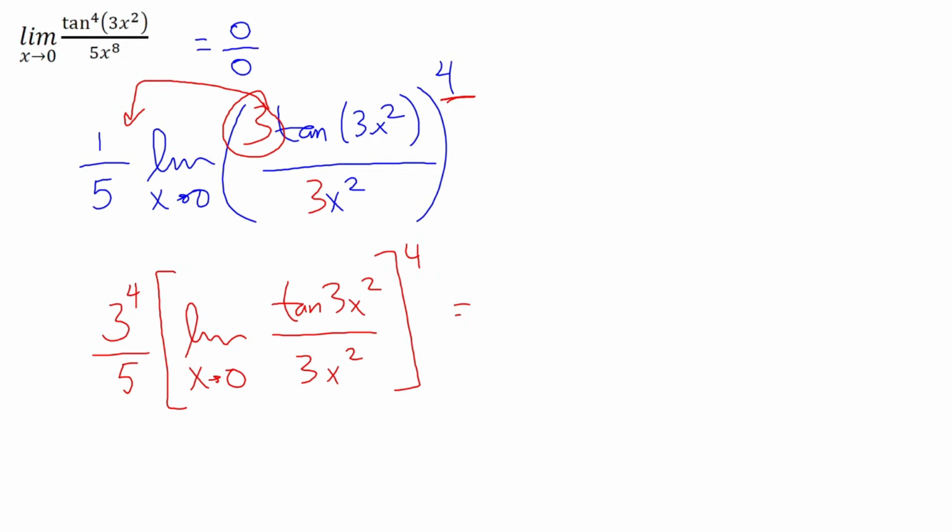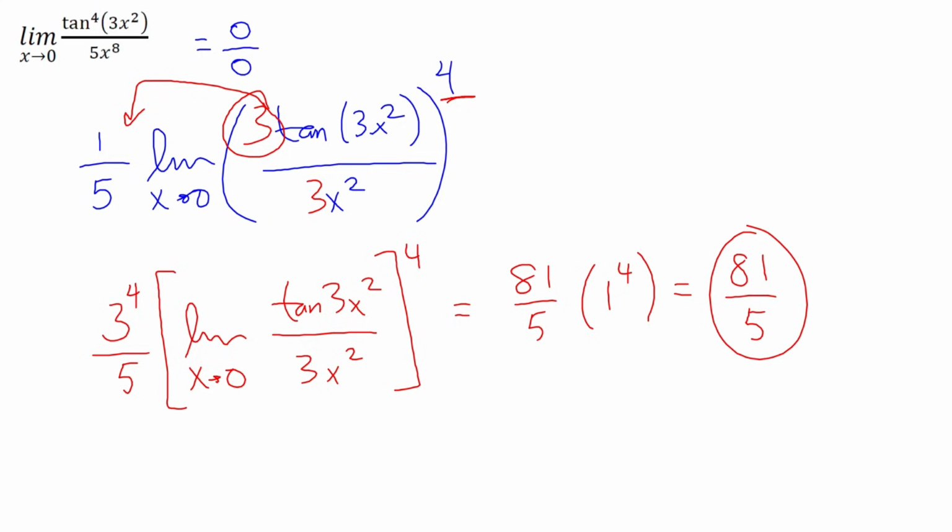And because we proved that the limit as x approaches 0 of tangent x over x was equal to 1 during the first unit, we can use that property now and just say that we've got 3 to the 4th, which is 81, over 5, times 1 to the 4th power, which is, of course, just 81 over 5.